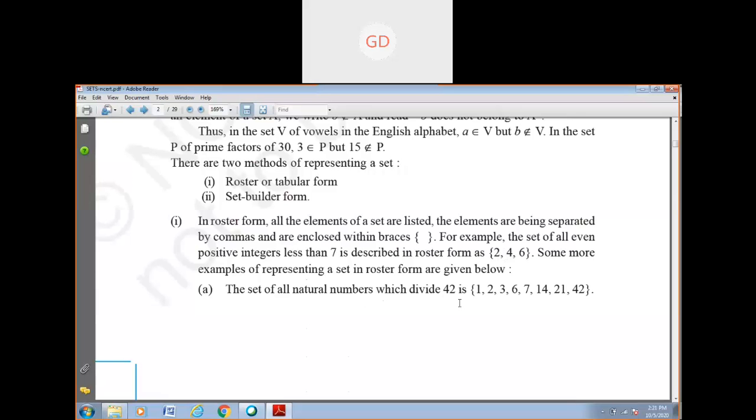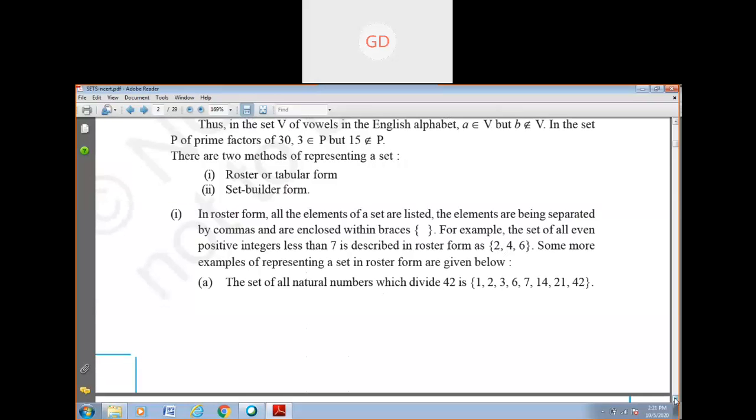So all the factors of 42 are written within the second bracket like this: 1, 2, 3, 6, 7, 14, 21, 42. All these factors are written within the second bracket using commas. When we express a set this way, it is called roster form or tabular form. We need to use comma and second bracket. It is compulsory for roster or tabular form.